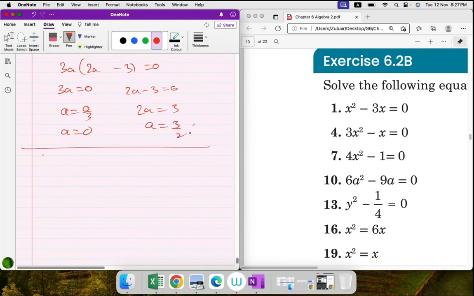Let's try question number 13. Any method.